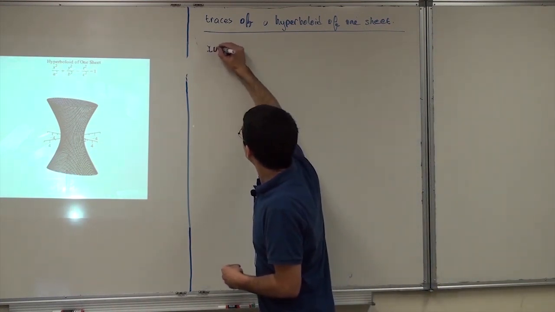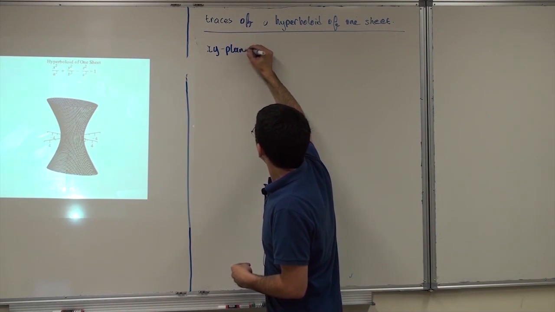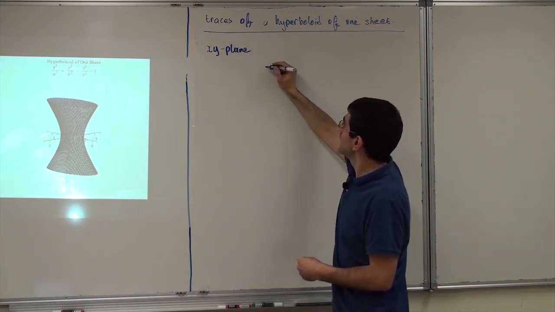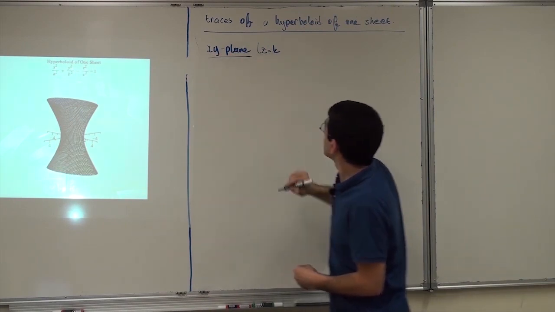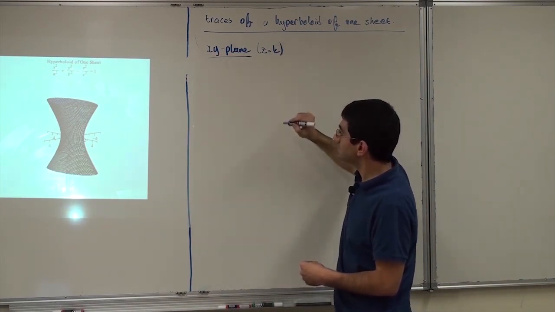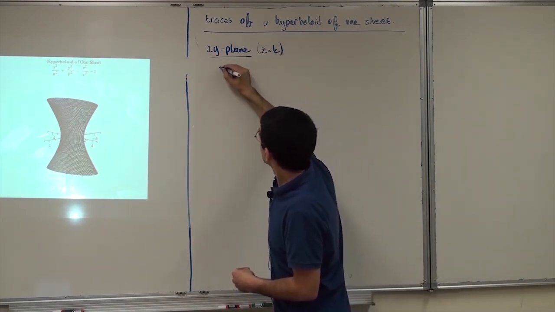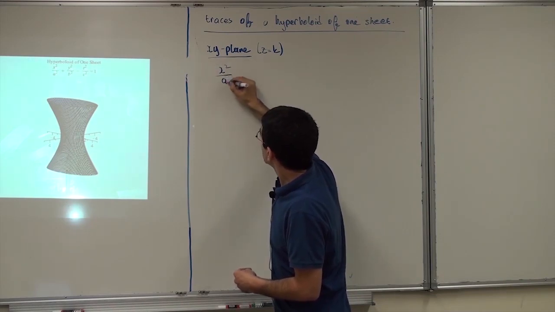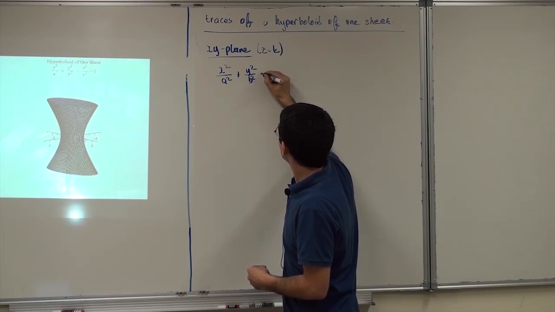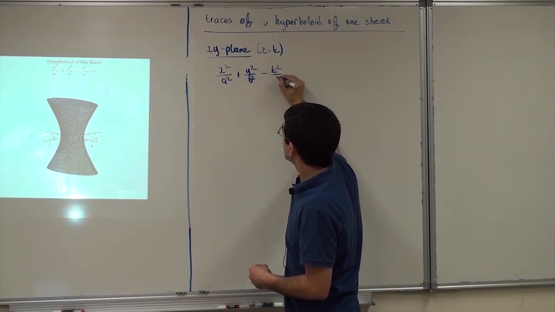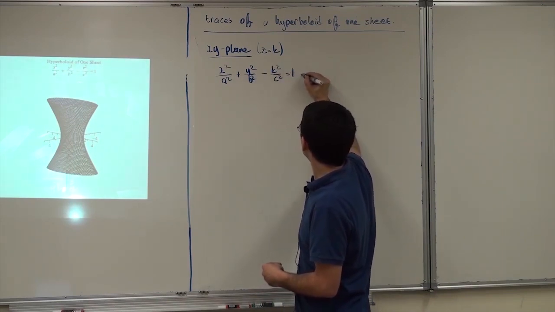So first, the traces along the xy plane, which means on the planes z equals k. So x squared over a squared plus y squared over b squared minus k squared over c squared equals 1.